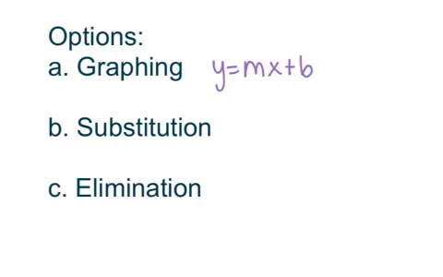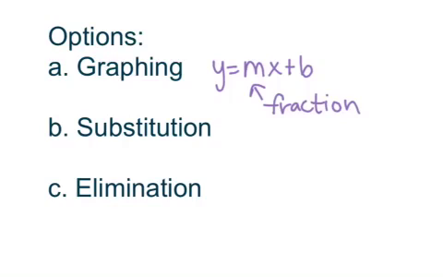Some other things that we might want to look for is if there are fractions. A lot of times slope comes to us as a fraction, like 1/3 x or -2/7 x or whatever it happens to be. If the slope is a fraction, it's a lot easier to graph a fraction than it is to solve a problem with a fraction in it for most of us, unless you love fractions.